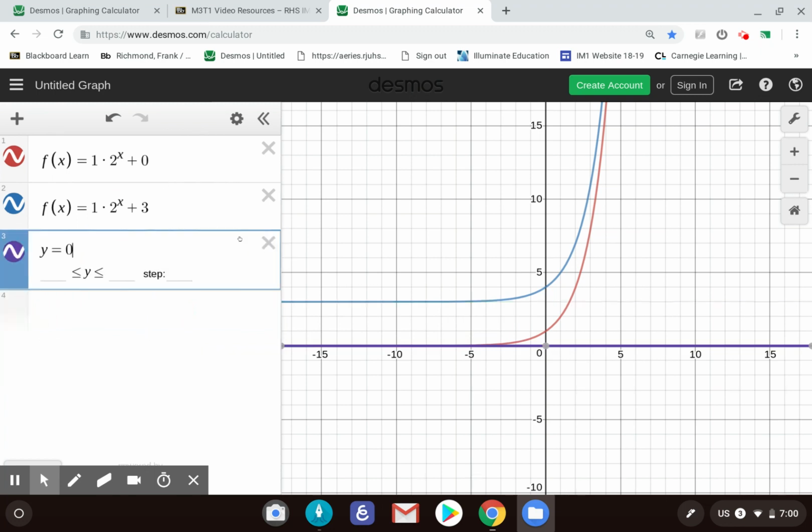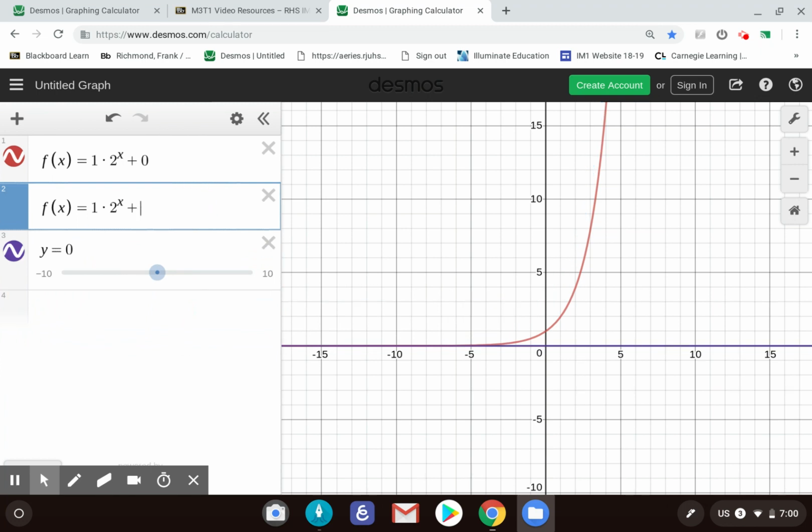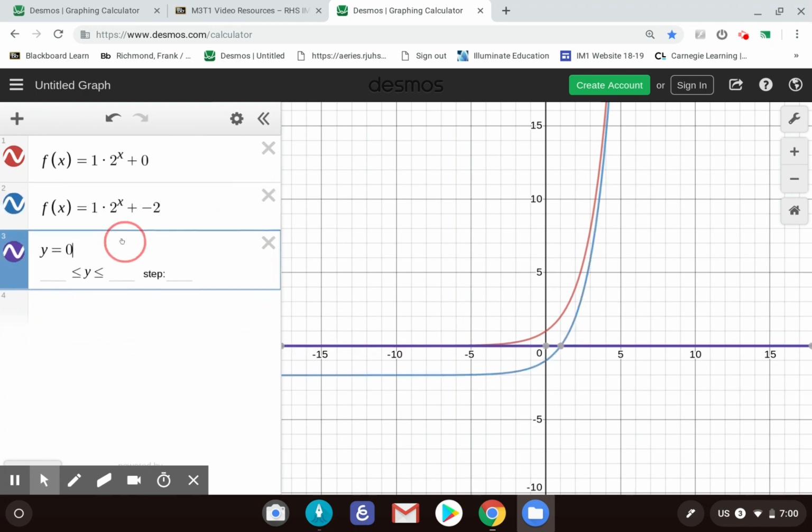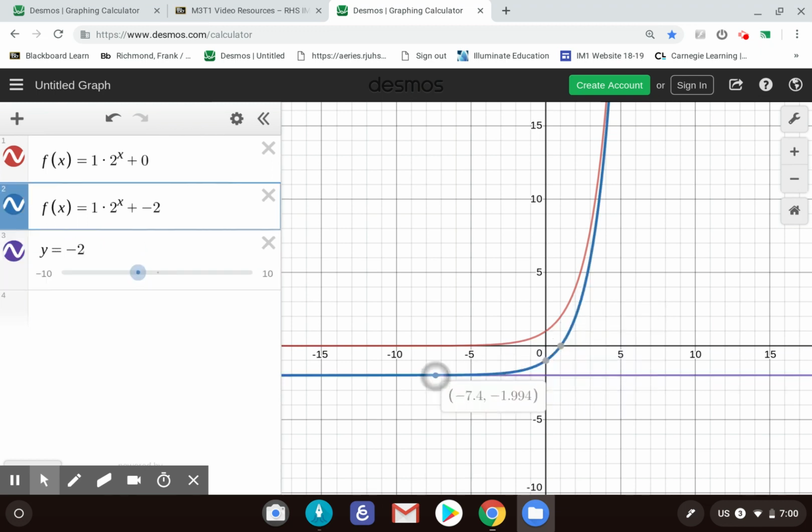If I were to change my c value to something negative, like -2, for example, now my asymptote is -2. Do you see how the graph gets closer and closer to -2? It flattens out at -2 and it never goes below that line.